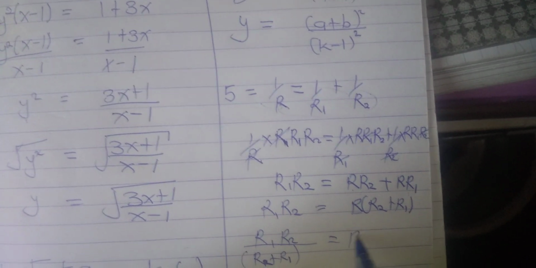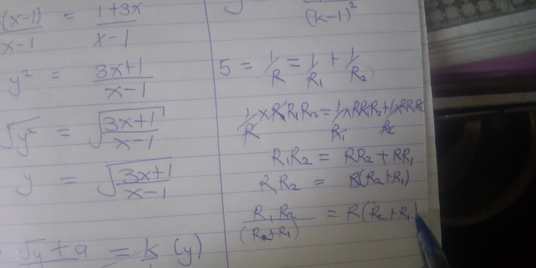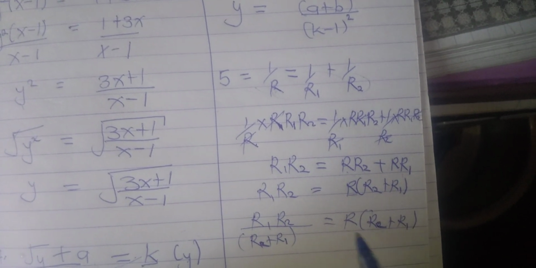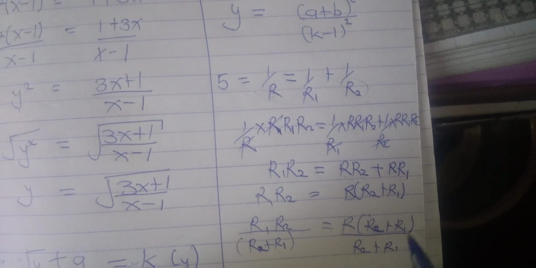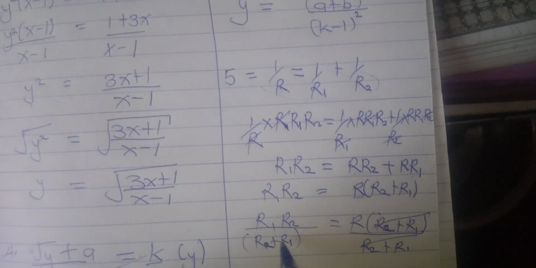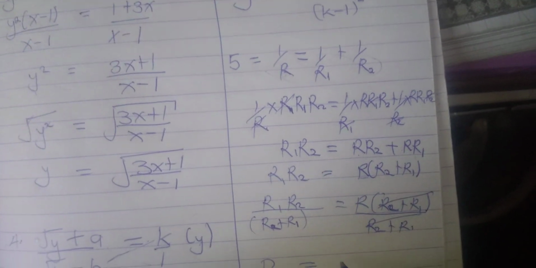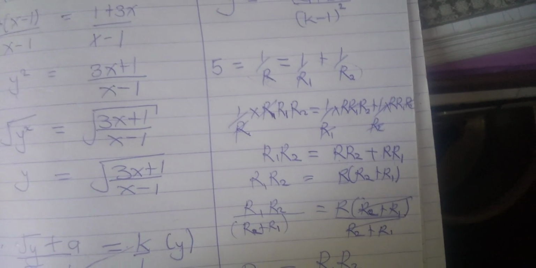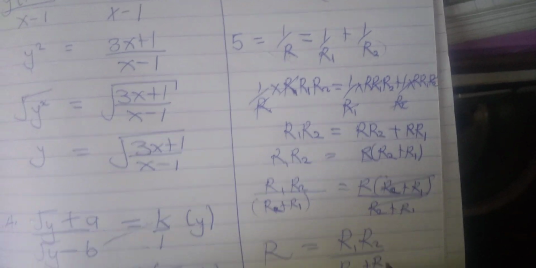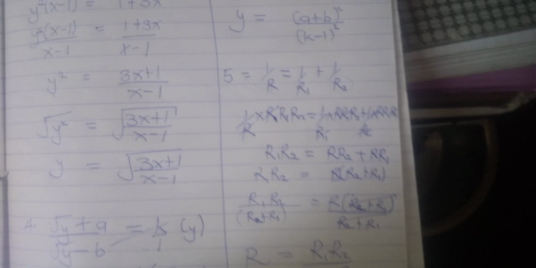Even this side we divide by the same thing, r2 plus r1. So this cancels out with this. Then we shall have our r standing independent. Our r will be r1 r2 over r2 plus r1. We have simply made our r the subject of the formula.